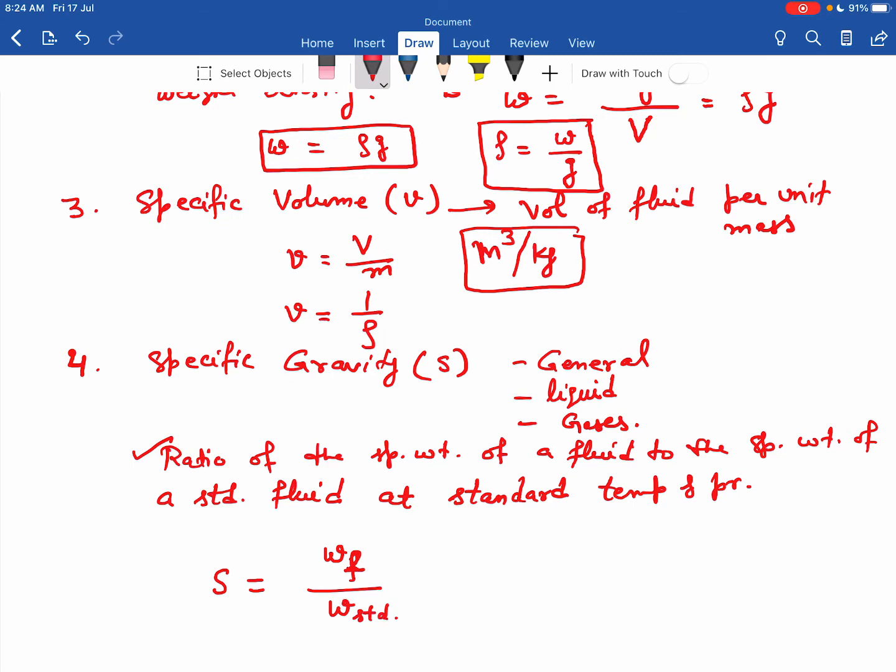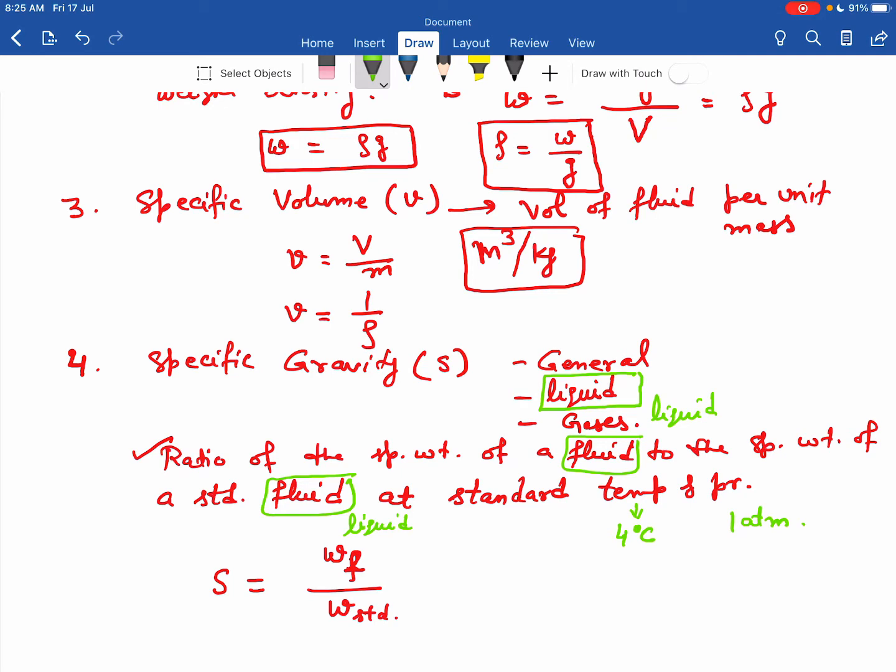Now if we talk about liquid, the definition becomes the ratio of the specific weight of a liquid to the specific weight of a standard liquid at standard temperature. For liquid, the standard temperature is 4 degrees centigrade and pressure is 1 atmospheric pressure.